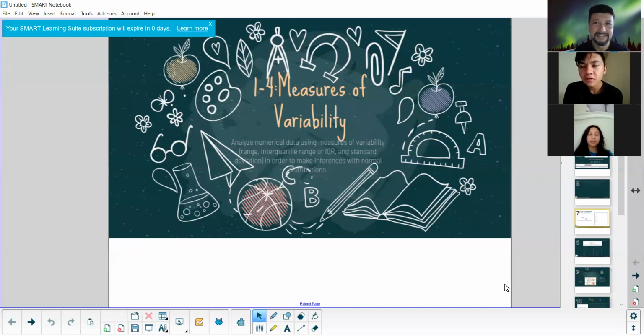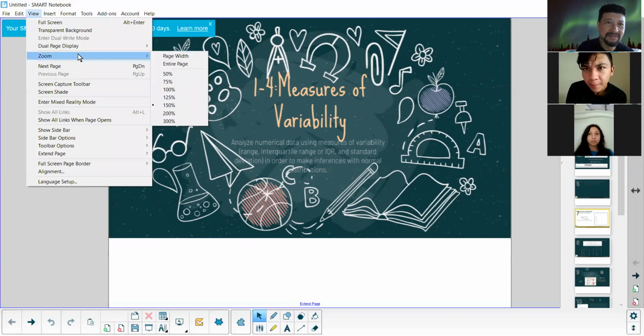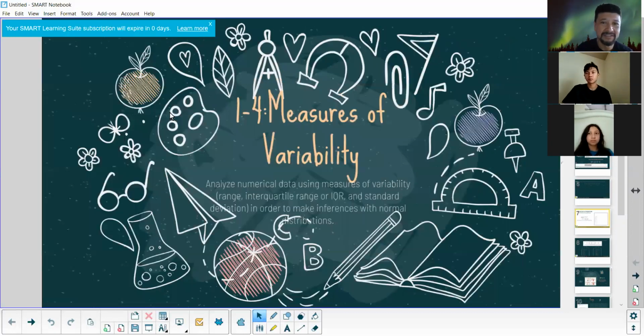Analyze numerical data using measures of variability, range, interquartile range or IQR, and standard deviation in order to make inferences with normal distributions. Let me zoom in a little bit more for us. There you go. Does it look better?